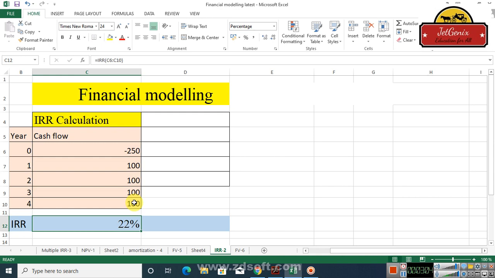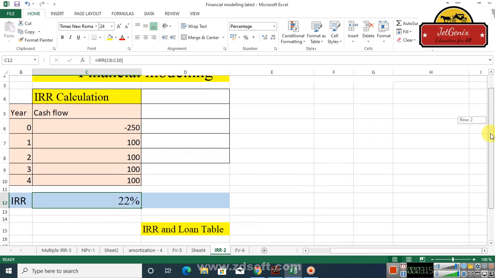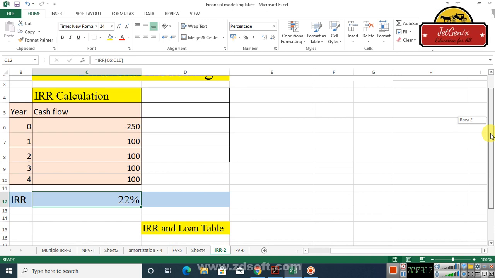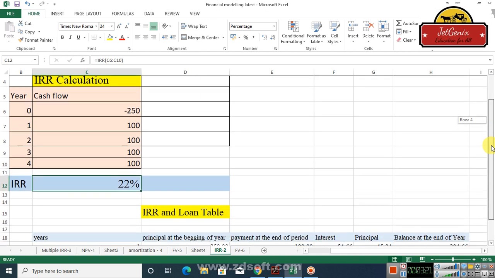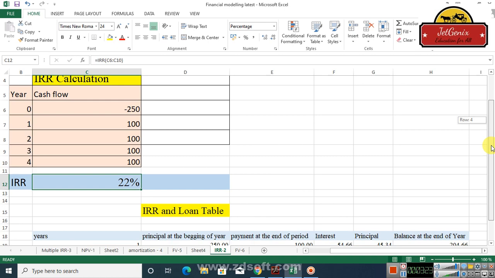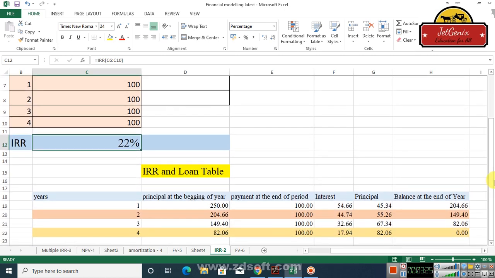Now you can analyze if the calculated IRR is correct or wrong. If you want to see whether we have calculated the right IRR or not, then you can create and calculate all these values in the loan table here.